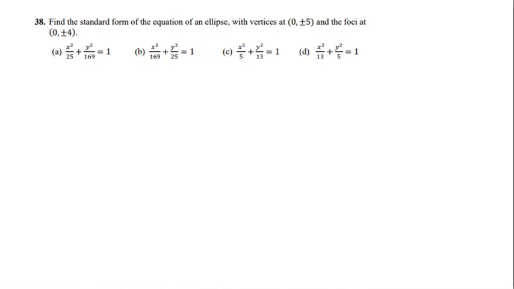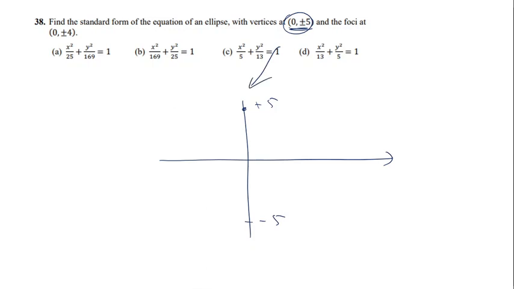Find the standard form of the equation of an ellipse with vertices at 0 plus minus 5 and the foci at 0 plus minus 4. Okay, it's better we draw it. We sketch the graph. The vertices are 0 plus 5 and minus 5, so it has to be on the y-axis. You plot these points here.